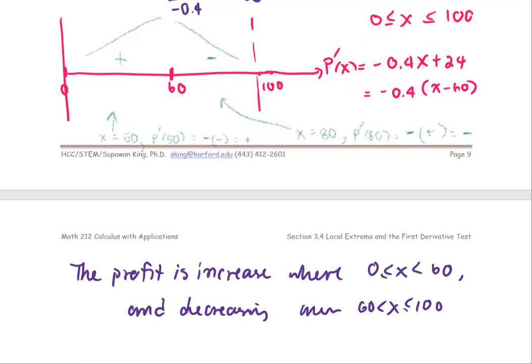We can put the equal sign here because that's the bound of the x value, or the production level, which has to be between 0 and 100. And then we are done with this problem.